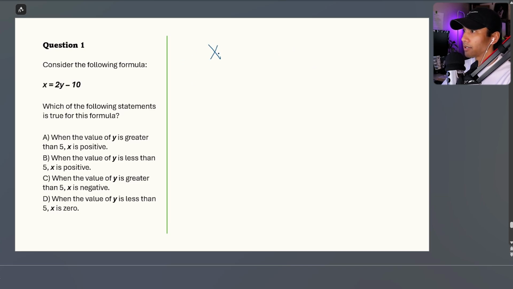So x equals 2y minus 10. What can I do to isolate everything? Or what can I do to rewrite this whole expression into y equals mx plus b? So let's go ahead and do that. We're going to plus 10, plus 10.